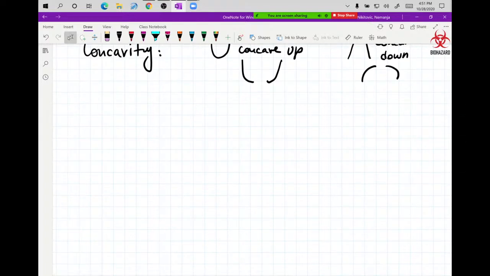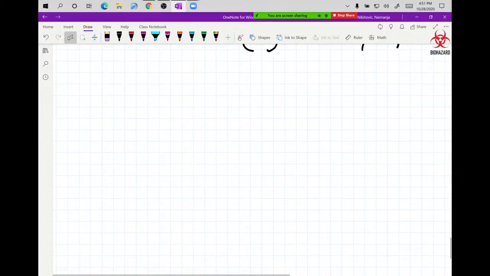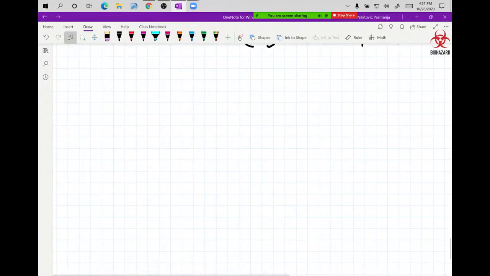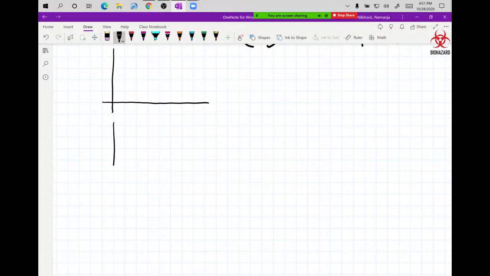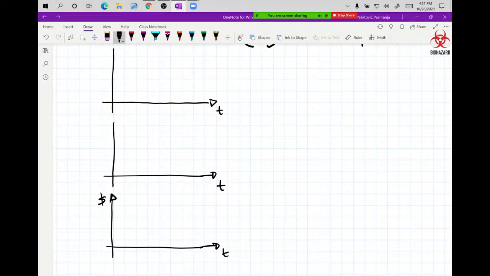Now, why do we bother? To show why we bother with concavity, I like to make you think about money investment. So I'm going to give you 3 portfolios, and these 3 portfolios in time are accumulating money.